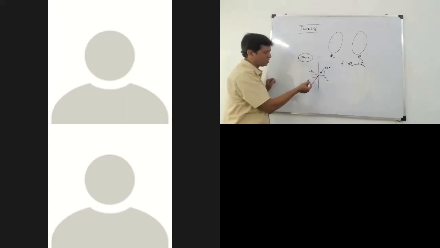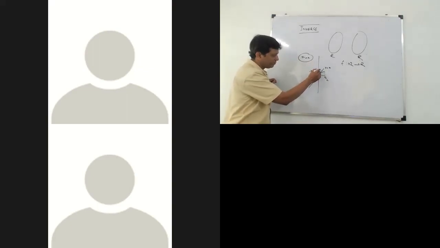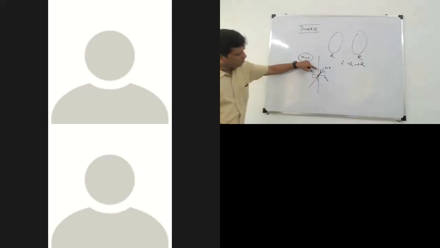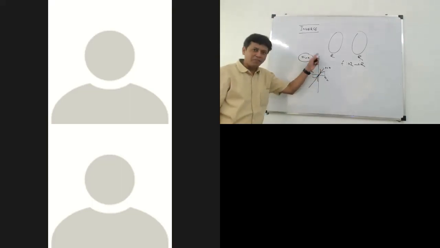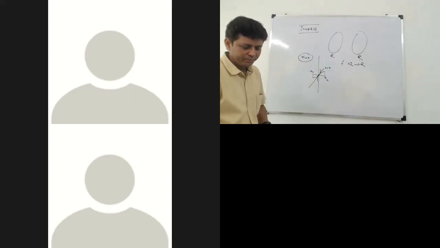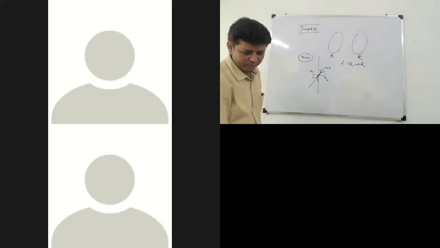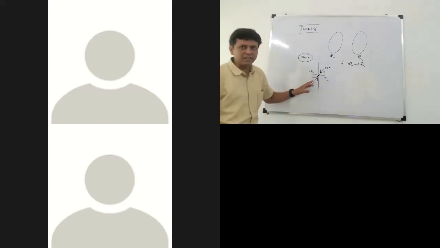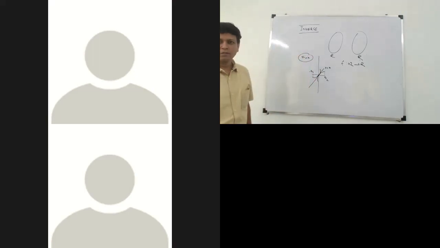No, I'm just doing this graphically. This is the inverse graph. See this portion, because this is the reflection on y equal to x. Okay, Ishan? I will explain this again in the inverse chapter.